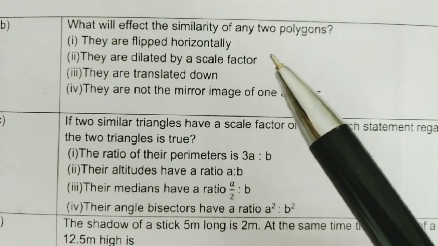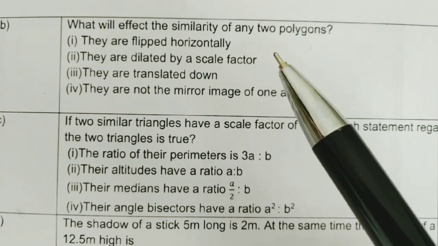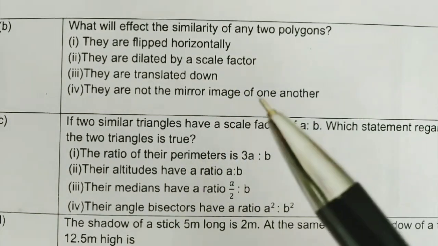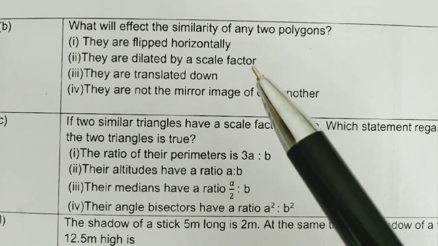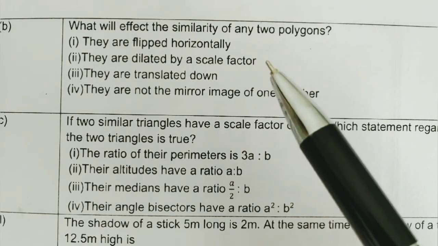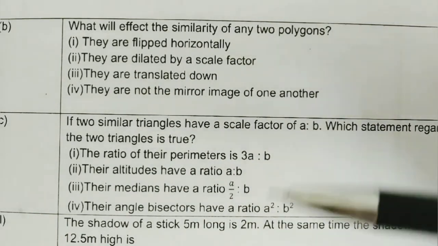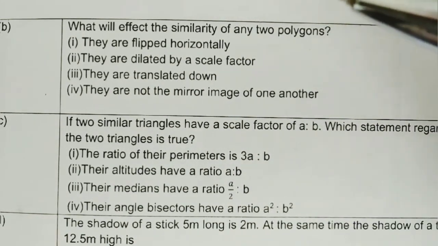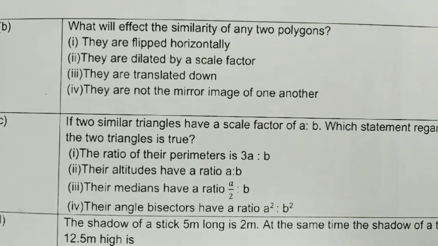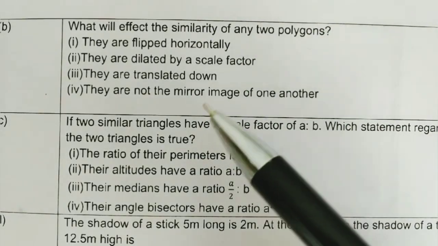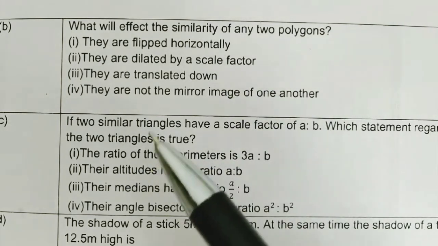If there is a slight variation in the scale factor, reduced or increased, similarity would not be affected. They are translated down. The way we have slid them up, or they are translated down, that translation or sliding would also not affect the similarity. So option 3 also is correct over here.